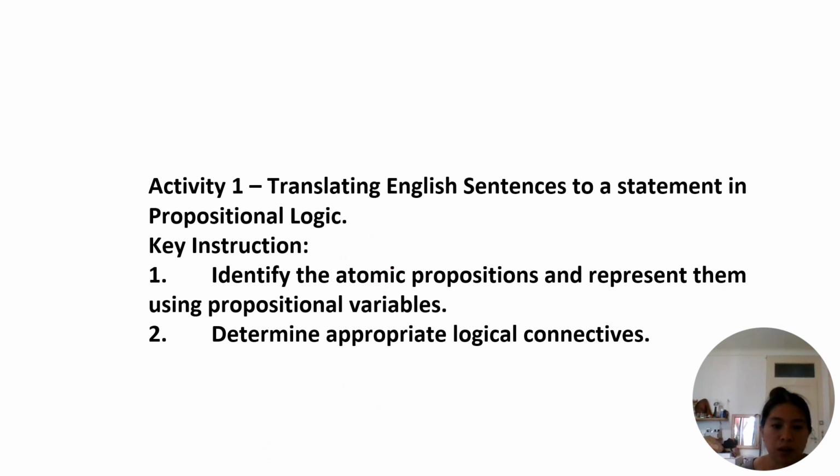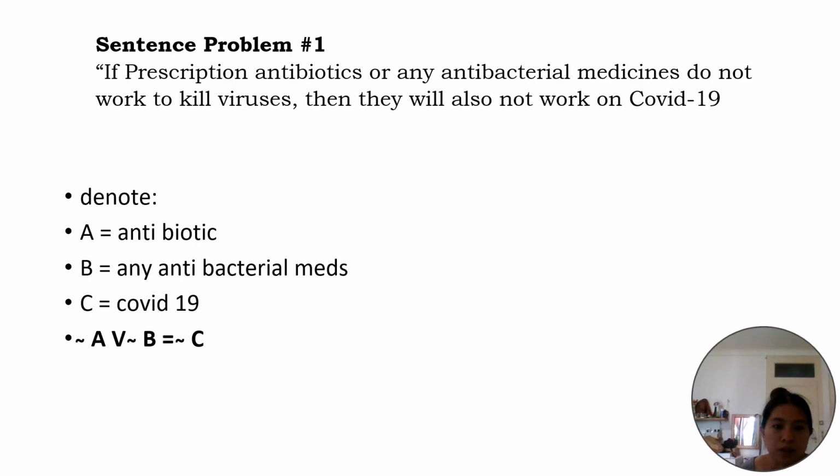Okay, let's start with problem number 1. It says here that if prescription antibiotics or any antibacterial medicine do not work to kill viruses, then they will also not work on COVID-19. So let's denote A as antibiotic, B as any antibacterial meds, and C as COVID-19.